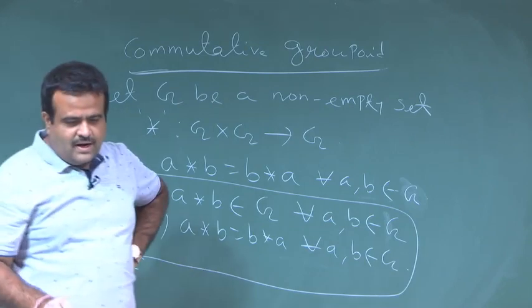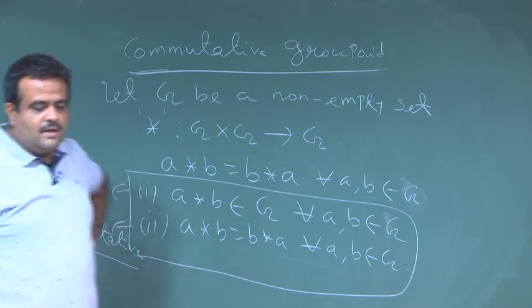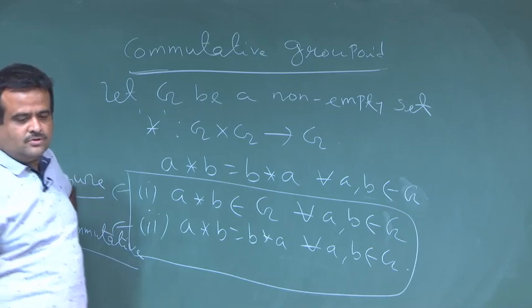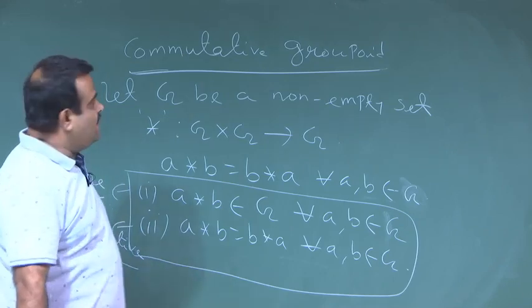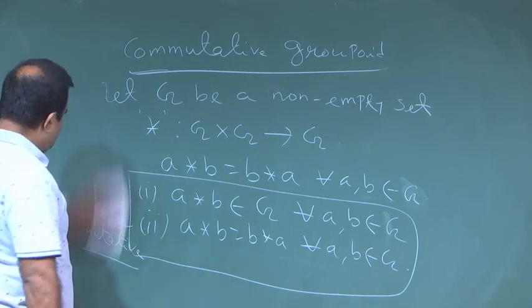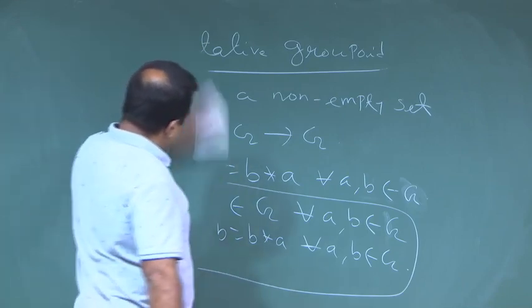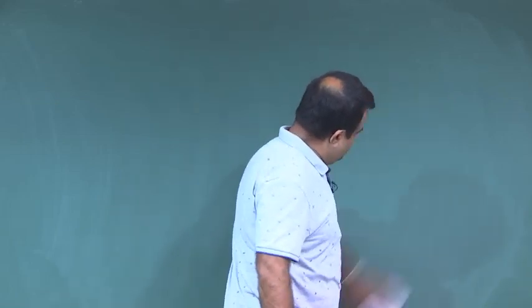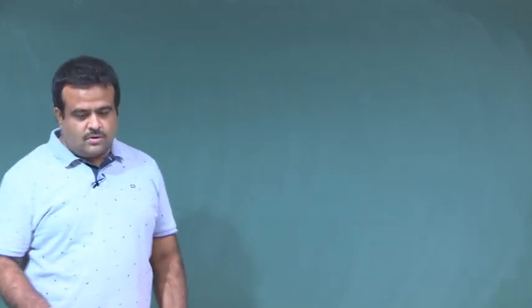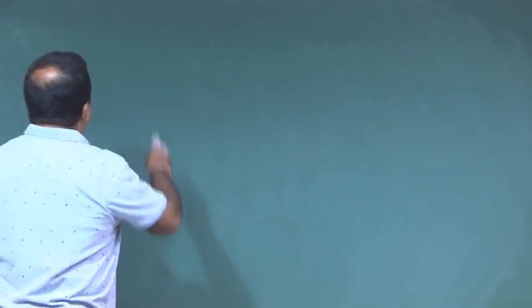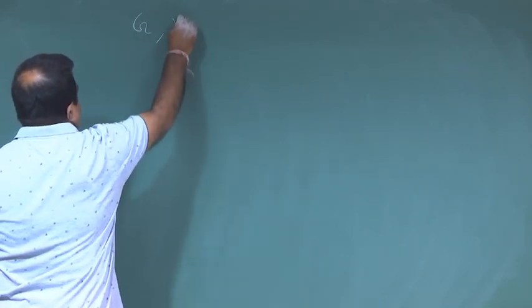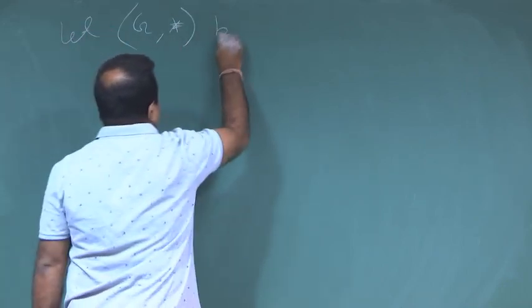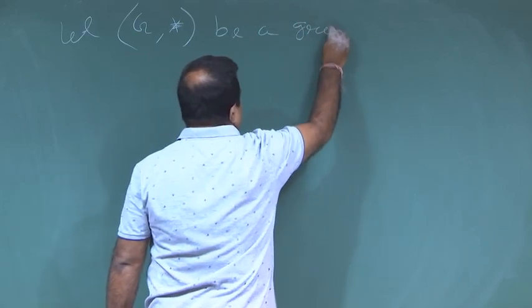Now, we first define the identity element, the existence of an identity element in a groupoid. Suppose we have a groupoid, let G be a groupoid.